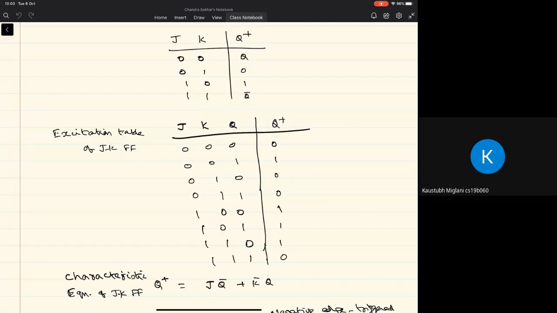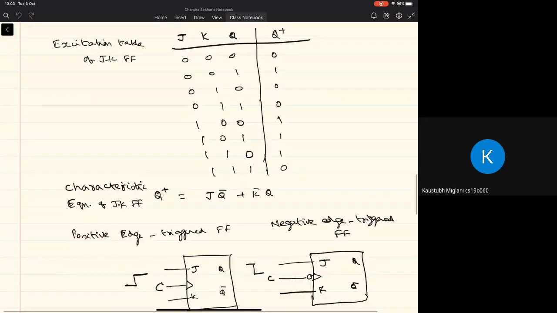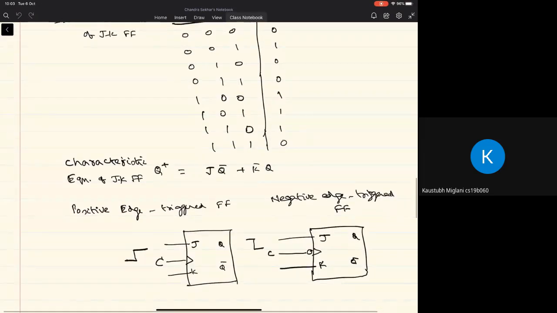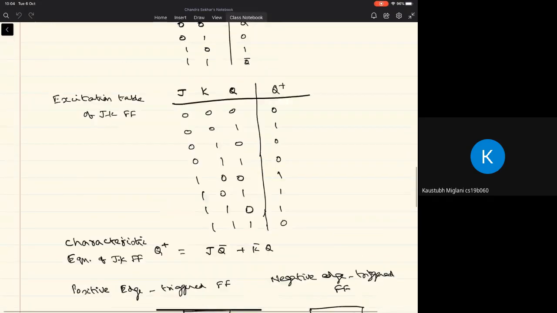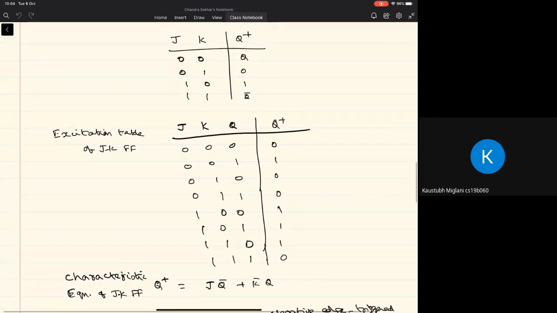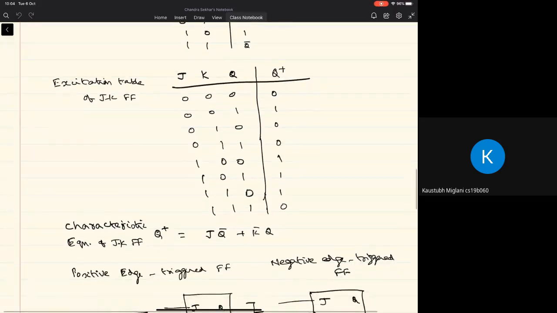Once we have the excitation table of the JK flip-flop, we can get the characteristic equation, which tells, given the values of J and K and the current state of Q, what will be the Q plus. So the whole functionality of the excitation table is expressed in terms of this characteristic equation.